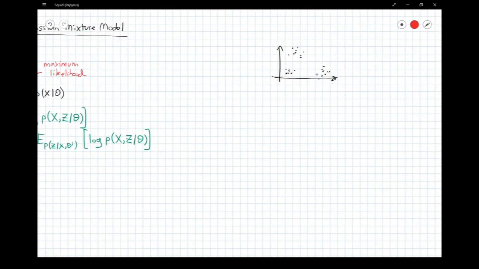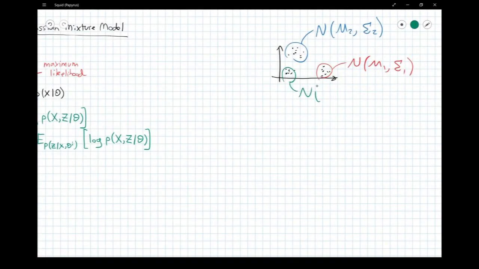So we said that, let's say this was Gaussian 1 and it had mean mu 1, covariance matrix sigma 1. This is Gaussian 2 with mean mu 2 and covariance matrix sigma 2. And then this is Gaussian 3 with mean mu 3 and covariance matrix sigma 3. And we said, okay, fine.